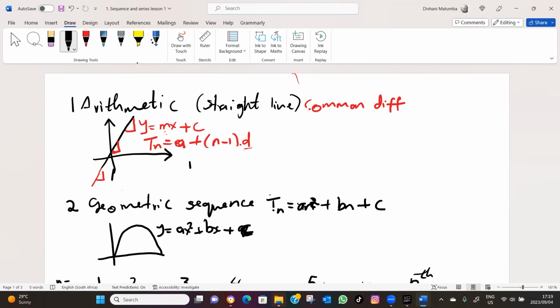Term 1, term 2, term 3, term 4. Sorry, I forgot to explain this.